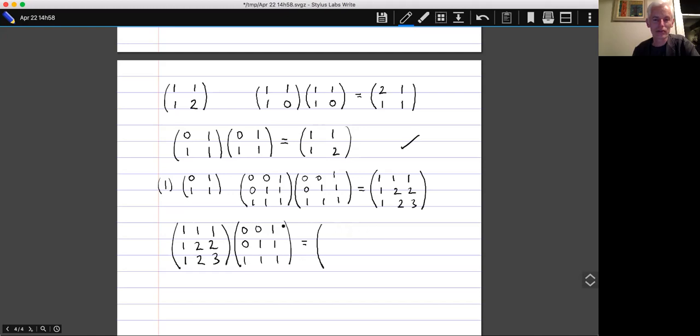So the first column is going to be the 3rd column here. So 1, 2, 3. The second column is going to be the sum of these 2 columns, which is, alas, 2, 4, 5. And the 3rd column is the sum of all 3. So 3, 5, 6.